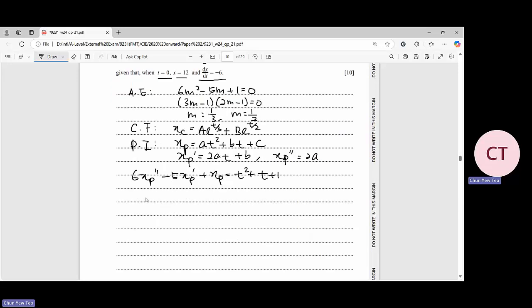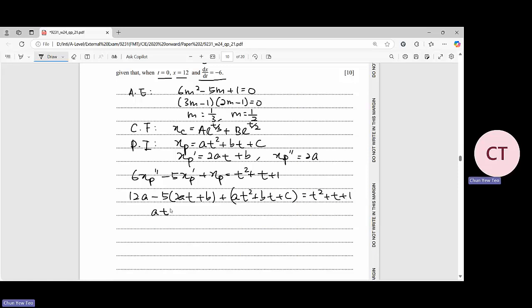So just substitute them inside. You get 12a minus 5 multiplied by (2at plus b) plus (at squared plus bt plus c) is equal to t squared plus t plus 1.